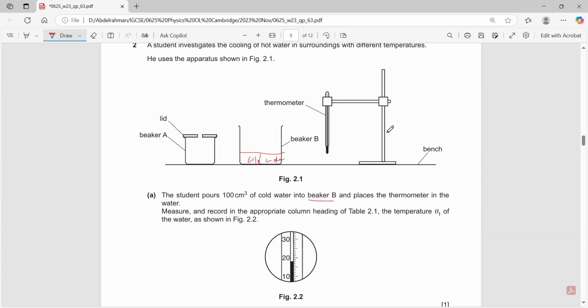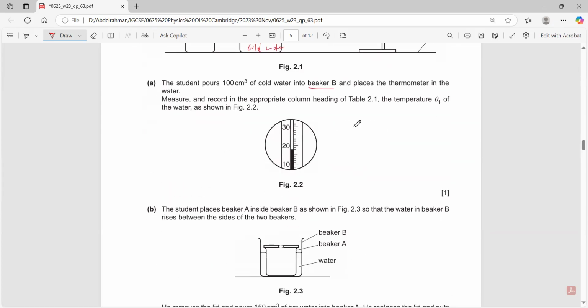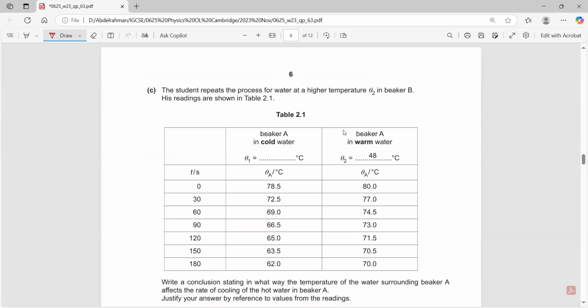Measure and record, in an appropriate column heading, the temperature theta 1 of the water shown in figure 2.1. So this is the initial temperature of the water shown in this figure, which is 18 degrees Celsius. Can I write it down in the table? 18 degrees Celsius. This is the initial temperature of the cold water, right?